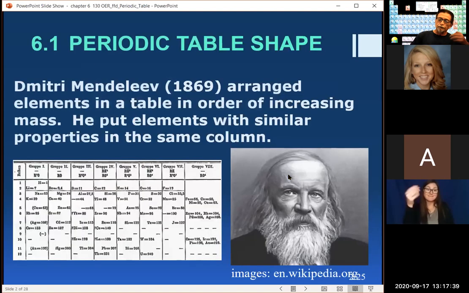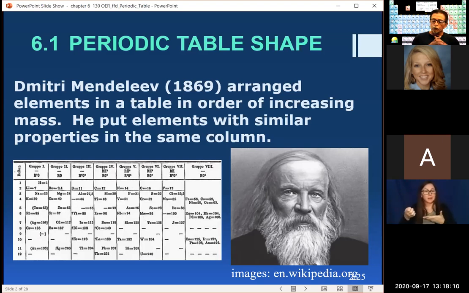Okay, so the periodic table goes way back, 1869. Dmitri Mendeleev. Mendeleev was a Russian scientist that arranged the tables in order of increasing mass. He also arranged it on how they reacted, which is pretty amazing for the time period because they really didn't have any modern equipment, so to speak, as we have now.